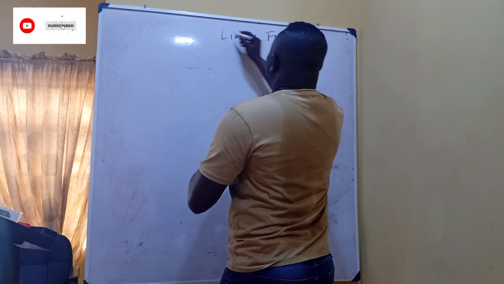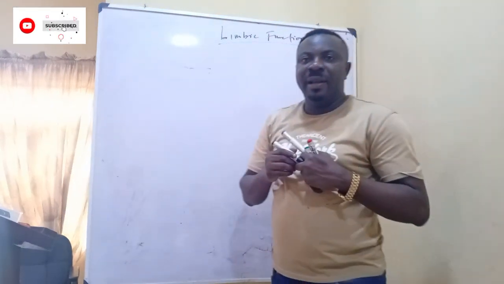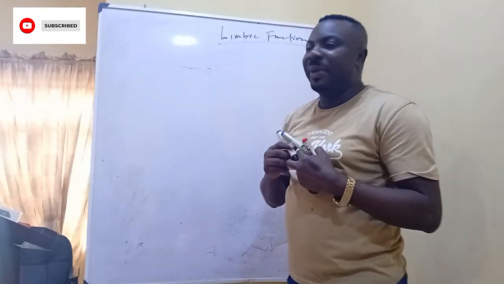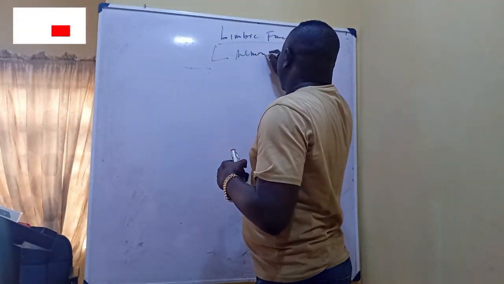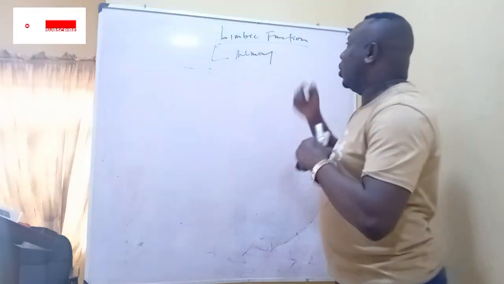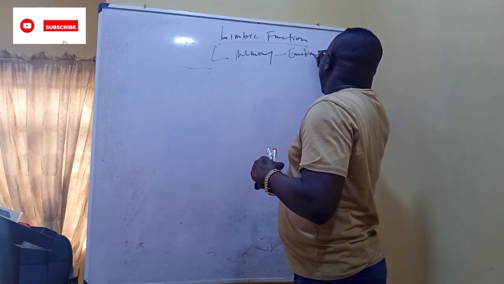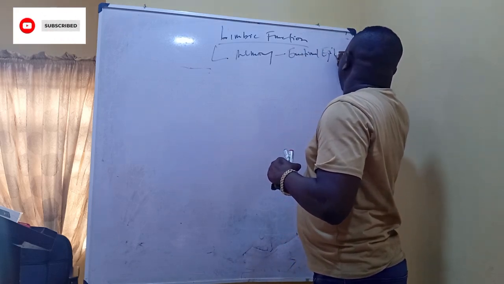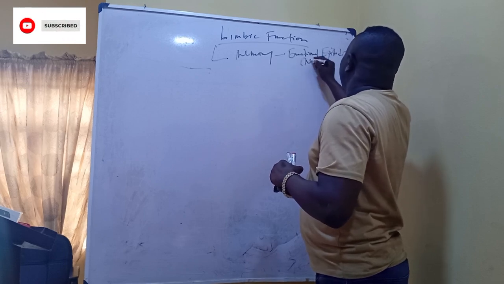Now, when we talk about limbic function, it has connection with the limbic system, right? And of course, you know that the limbic system is involved in memory, the emotional aspect of episodic memory, right?